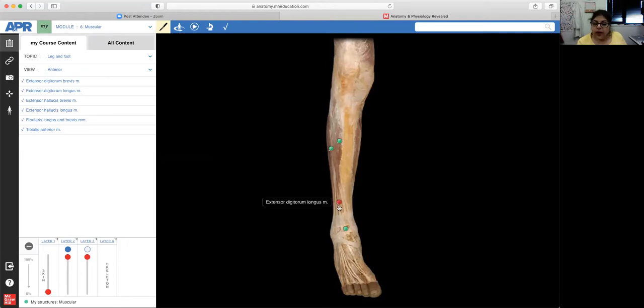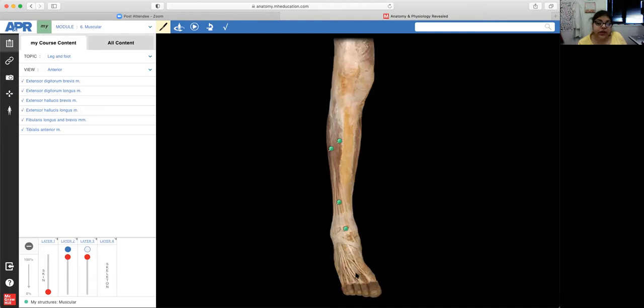Okay, extensor digitorum longus, right? So that means it is going to help in the extension of the digits, and it is a long muscle. Extensor hallucis longus. Look at that muscle. It is actually going to attach to your hallux. That's your big toe, right? So that is very specific.